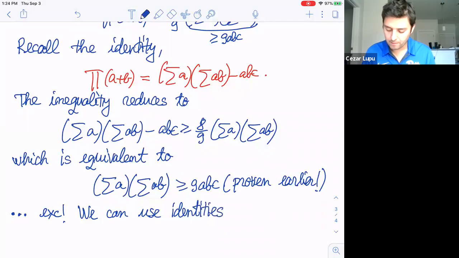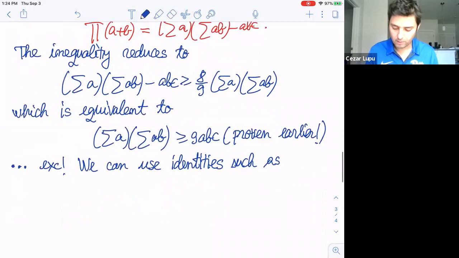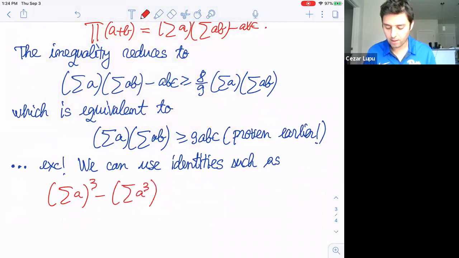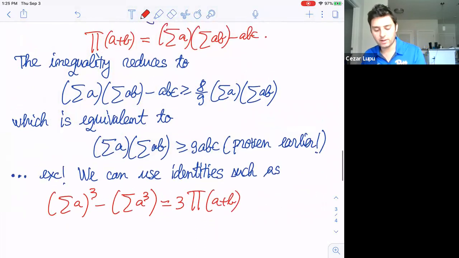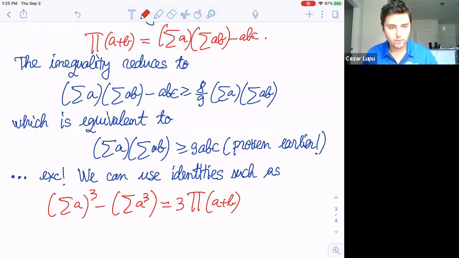One identity I gave you in the lecture is that the sum of a cubed minus the sum of a cubed is nothing else than 3 times the product of a plus b. And then at some point, you will use the above identity as well, and you'll figure out that at the end of the day, it will be just an AMGM inequality. But the details are a bit sketchy, so I'll leave them to you.